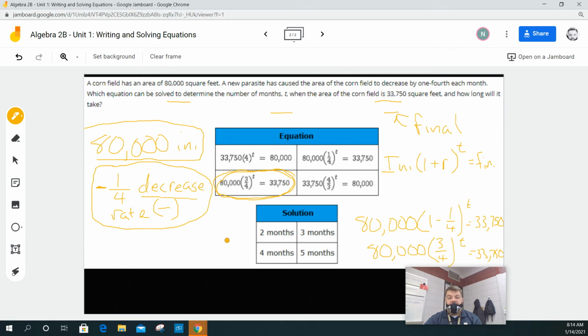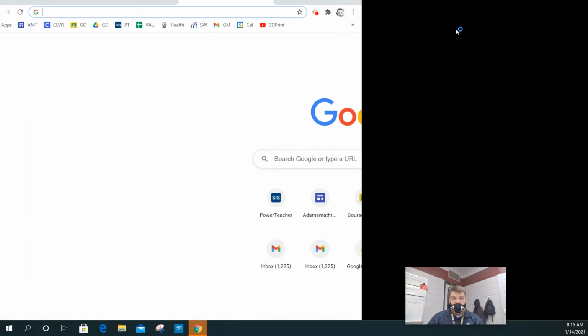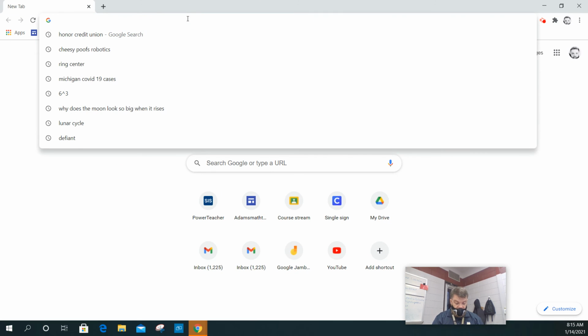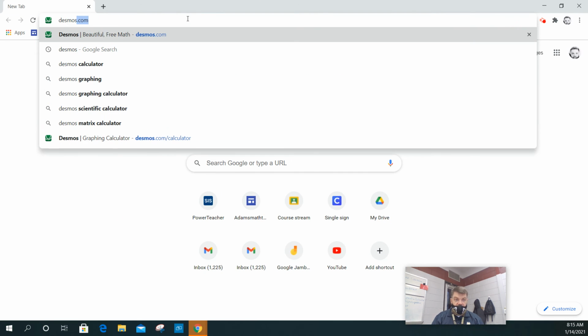Now to solve that, we could plug that in the calculator or we could just graph it. So what I can do is I have to open up another tab, I think. So let me do that.